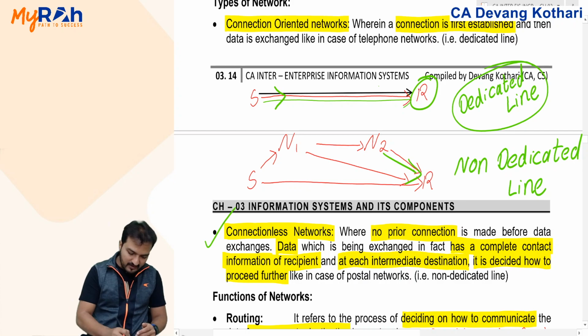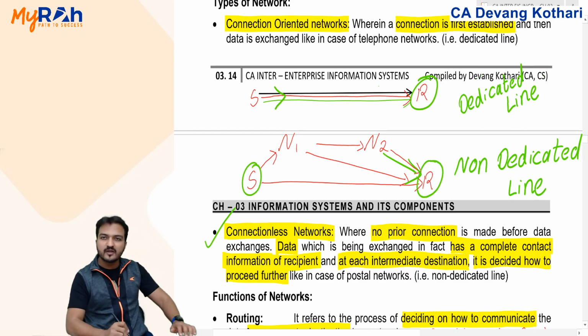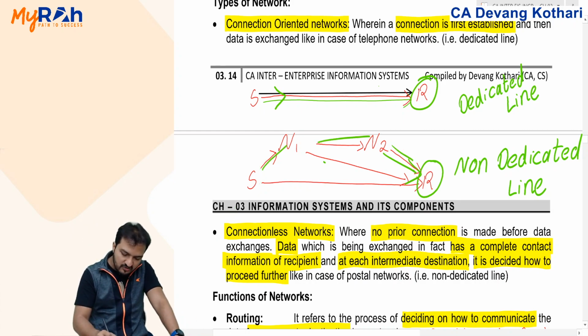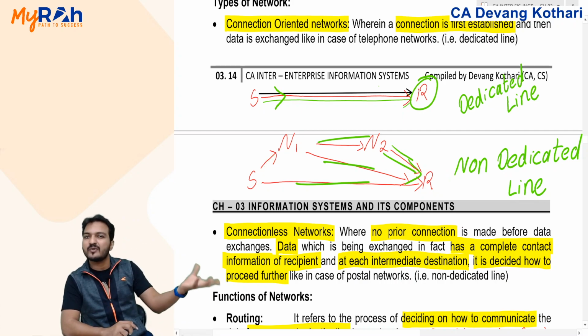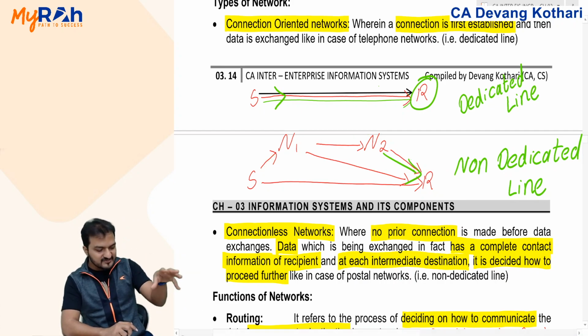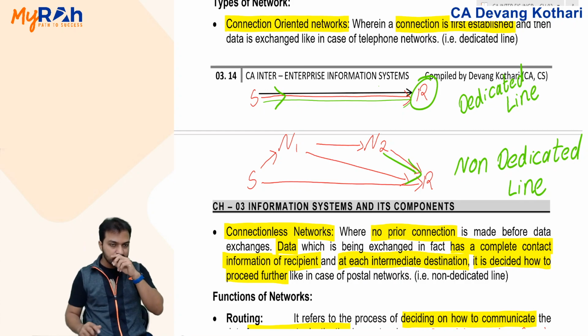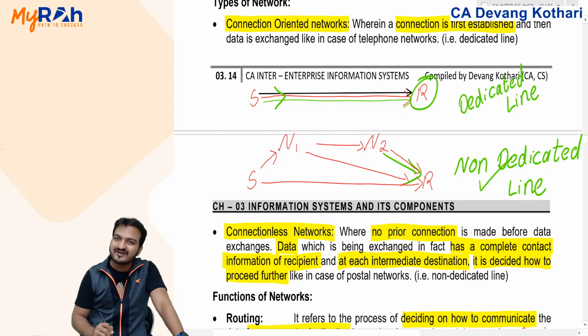While a connectionless network means that from the sender to the receiver, there is no dedicated line. There are multiple routes of connection available, more than one connection between sender and receiver. Every time you have to send a message, you have to choose which route to send the data on. This becomes your non-dedicated line.